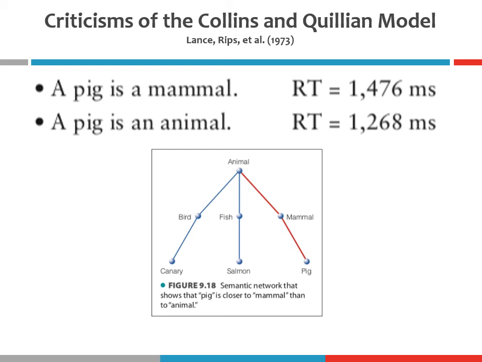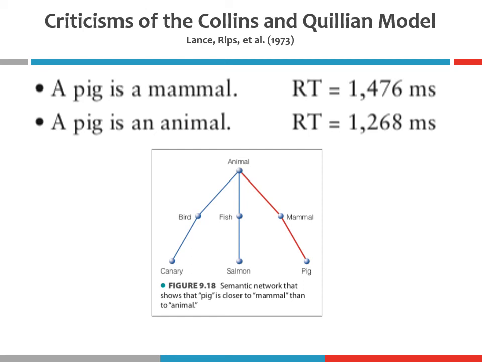But as you will see from looking at this diagram, the semantic activation model would actually predict the same reaction time for statements like a canary is a bird and an ostrich is a bird. You can't see that on this particular diagram, but you might imagine if you look at the slide from a few slides back, remember the way that items are represented in the semantic network is we have bird, and then directly linked off of the bird node are examples of birds.